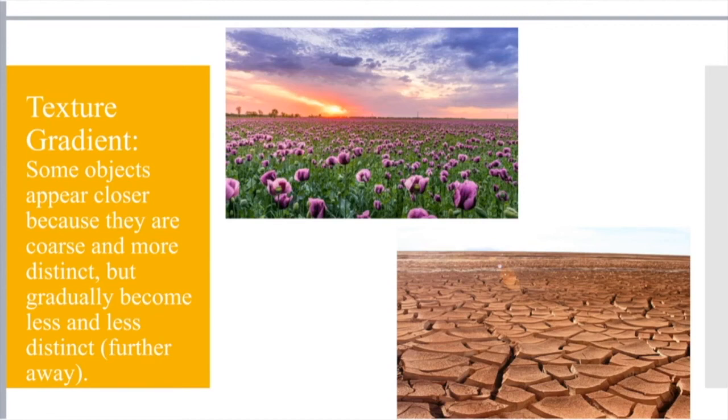But here we're specifically talking about being able to pick out individual objects in the forefront, things that are closer, and because there's a lot of them and they go off into the distance, they begin to mesh and turn into a single field of purple something instead of individual purple flowers. Or on the bottom here, cracked sand, I actually like a desert image, and as it gets further and further away, you just see it as chunky ground instead of this clearly defined cracked earth.